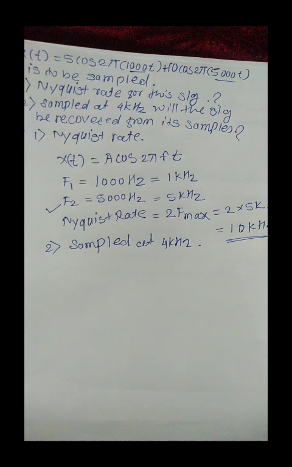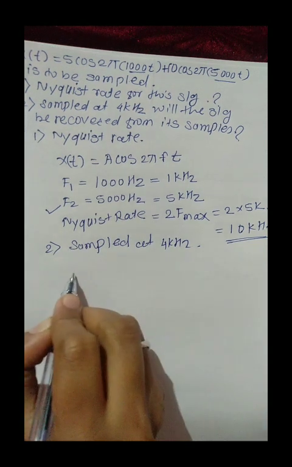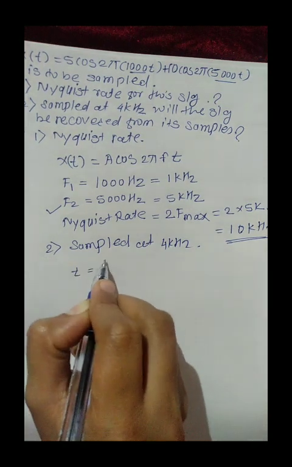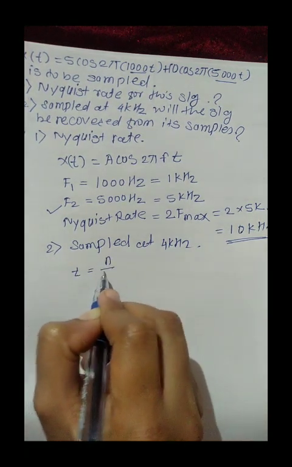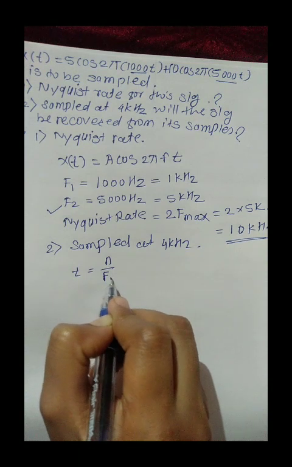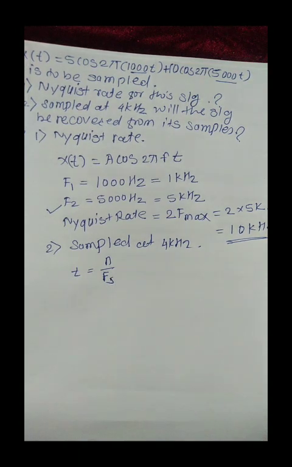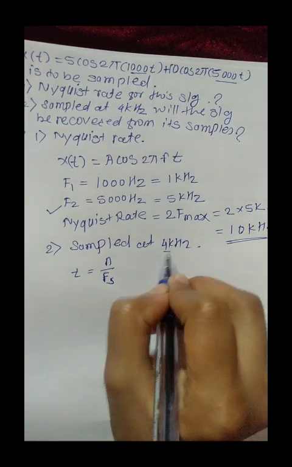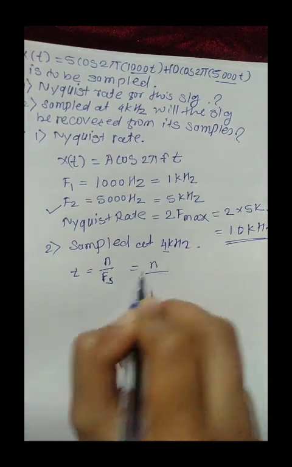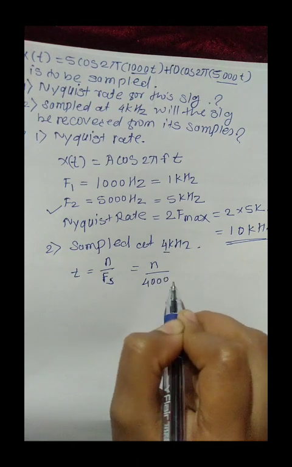So a discrete signal is obtained by substituting t equal to n upon Fs. t is time, n is the sample number, and Fs is the sampling frequency. We don't know the value of n, but we have the value of Fs, which is 4000.